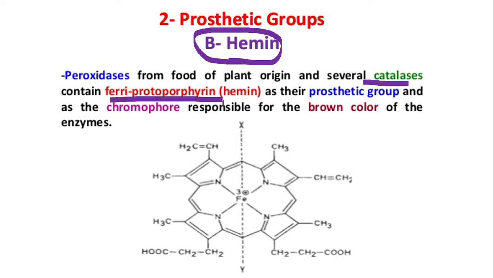This ferriprotoporphyrin is called hemin, and it is the prosthetic group of those enzymes. They are the chromophores. Chromophores means what? A part of a molecule which is providing it with a certain color, because it is absorbing light of a particular wavelength in the visible light region. That's why it's having color.